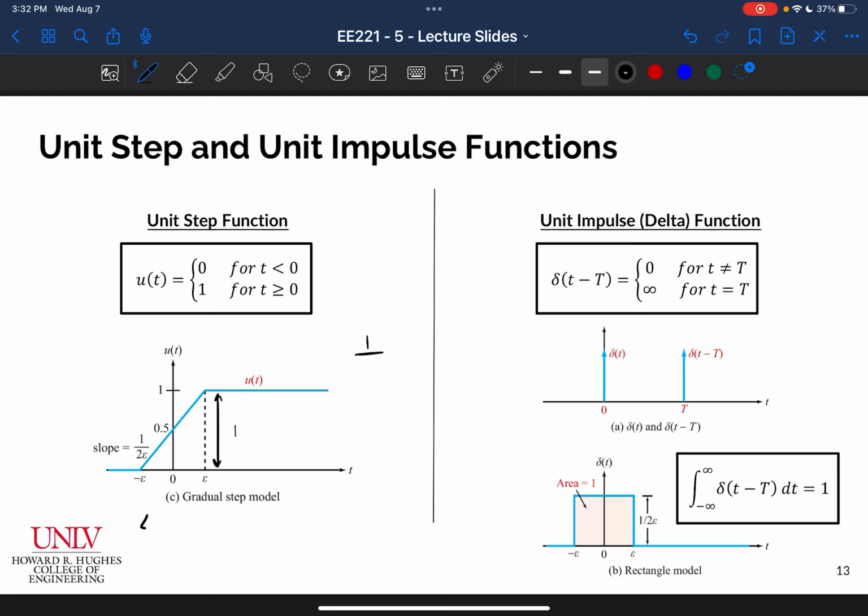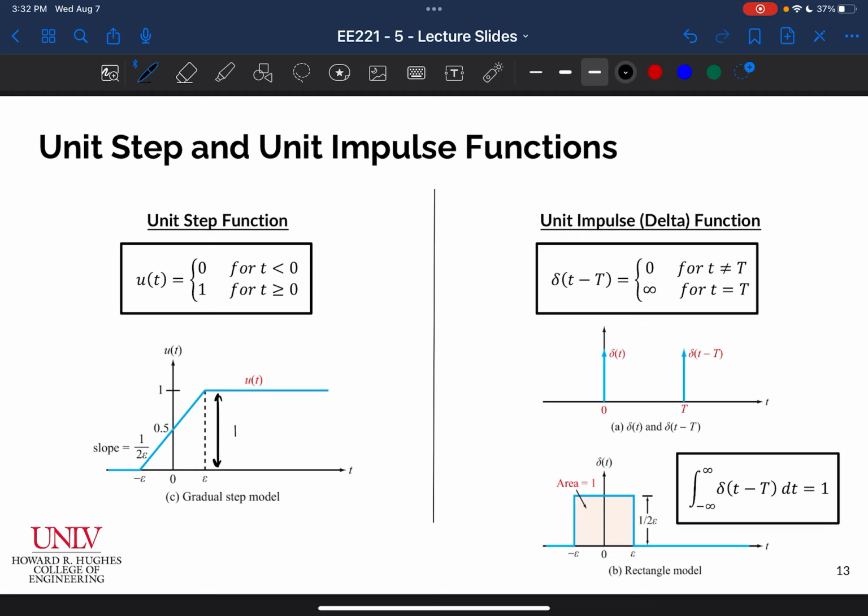And the run here is going to be 2 epsilon. So my slope of this linear ramp is 1 over 2 epsilon. We can see that from basic algebra.